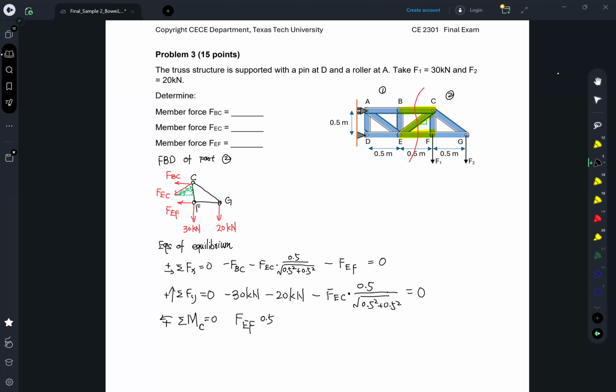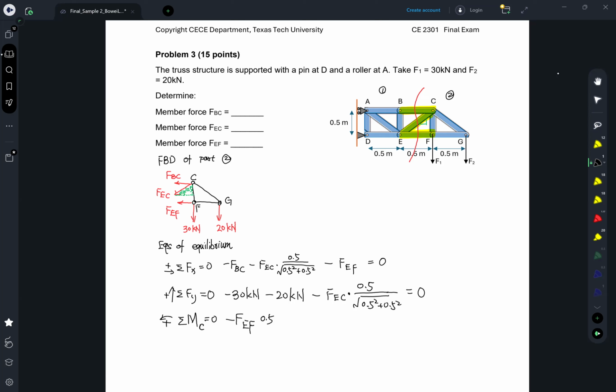Positive or negative here? Since it is rotating about C clockwise, it is negative. Now if you look at the external force of 30 kilonewton, since its line of action crosses C, it will not appear in the equation, because its moment arm is 0.